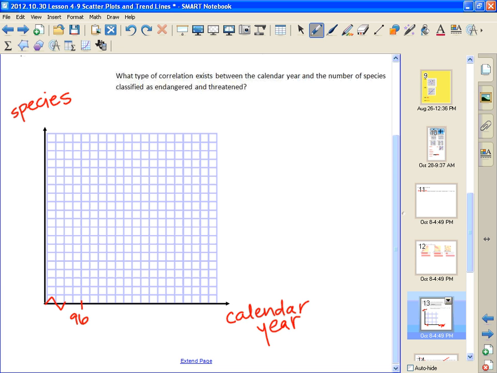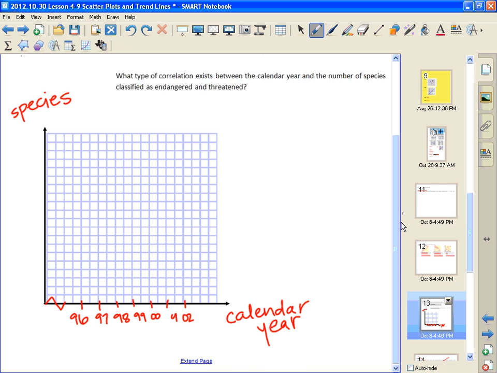Make a little break in your graph, and then start at the year 1996. Put that right there. Then 97, 98, 99, 2000, 2001, and then 2002. Where do we stop?